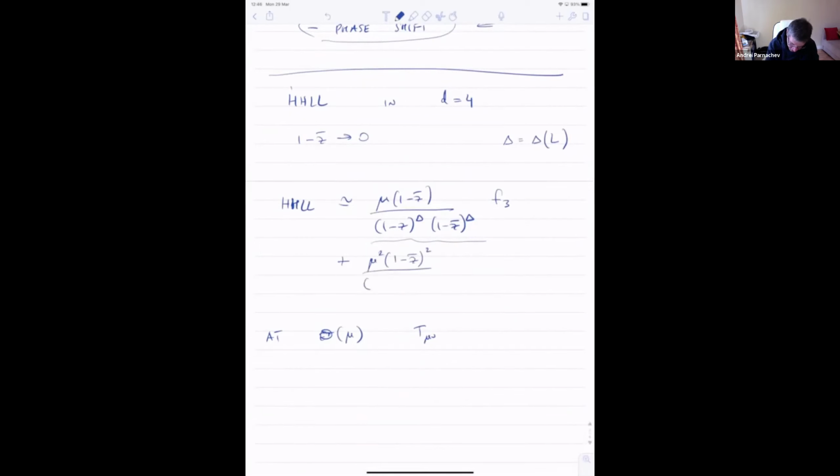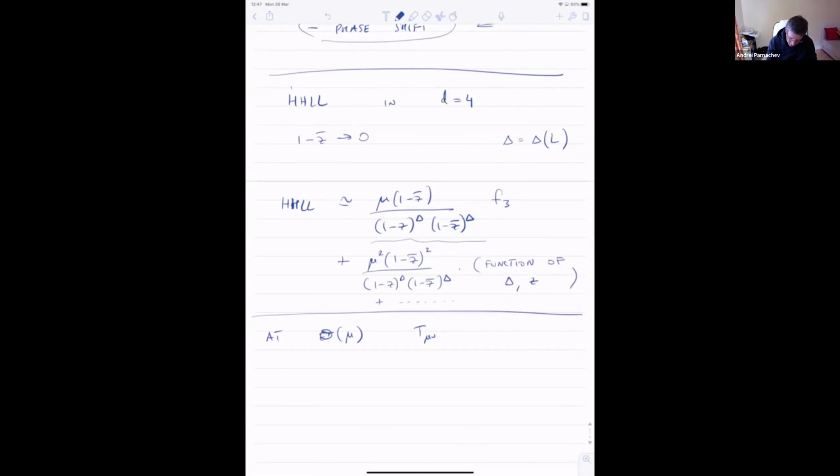Again, the denominator is the same, and here there's some function, which you'll see in a second what it is, some function of delta and z, plus dot, dot, dot. And then there is a term which involves mu cubed and so on.